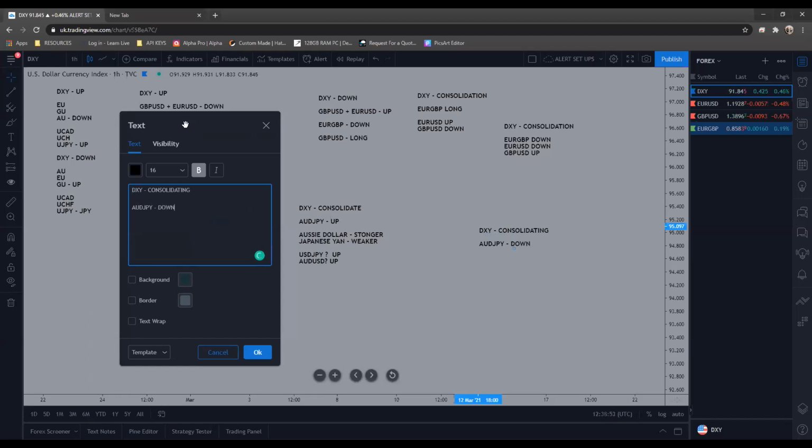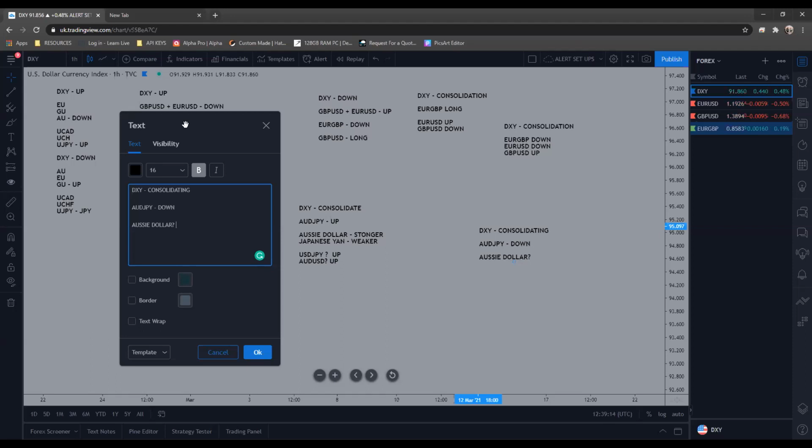Okay. Now what's happening with Aussie dollar? If AUD JPY is going down, the Aussie dollar is getting weaker, isn't it, compared to the Japanese yen?